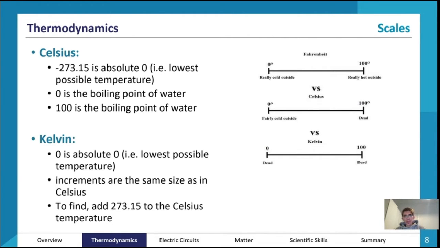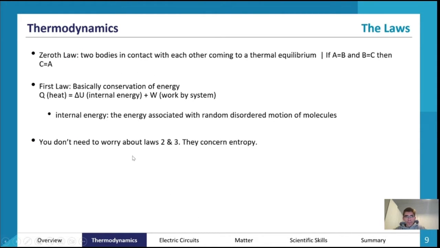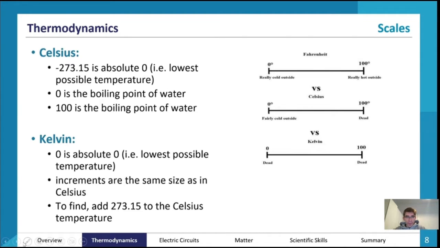Now, to convert between Celsius and Kelvin, the only thing you have to do is to whatever degree you have in Celsius, you add 273. Let me give you an example. So, let me access my pen.